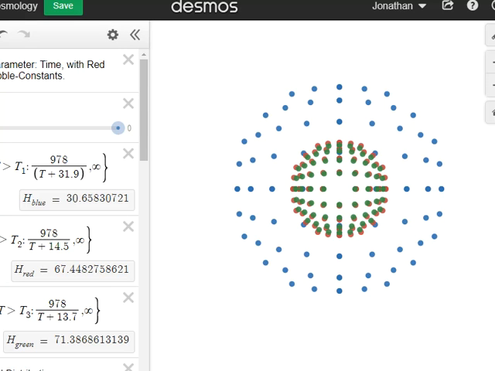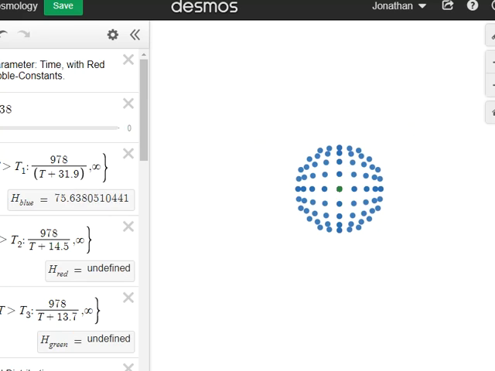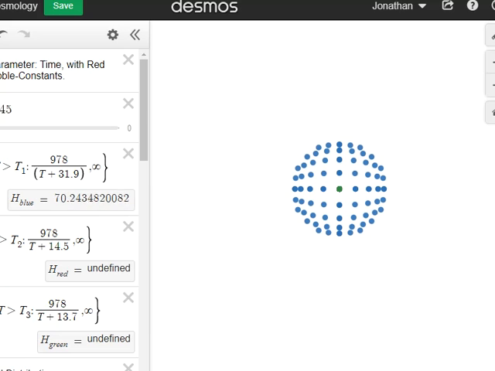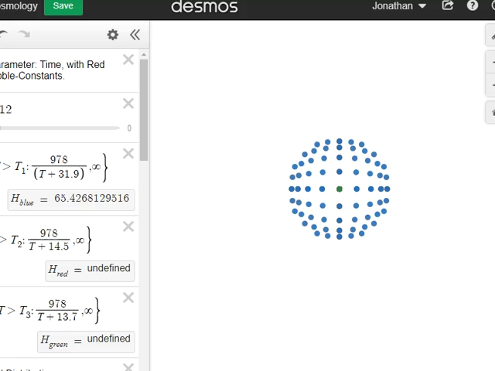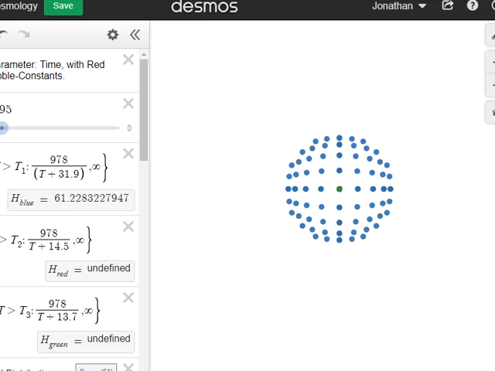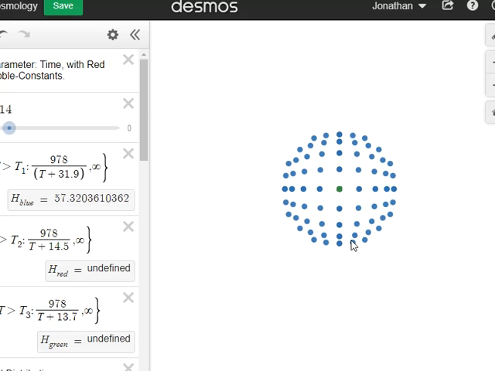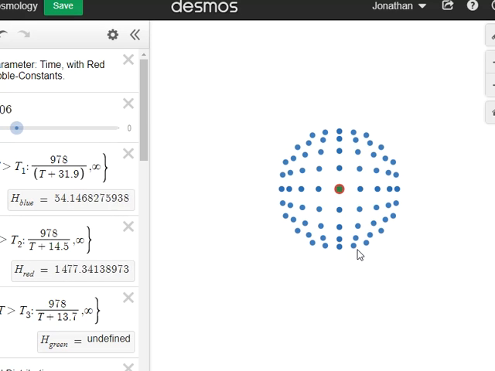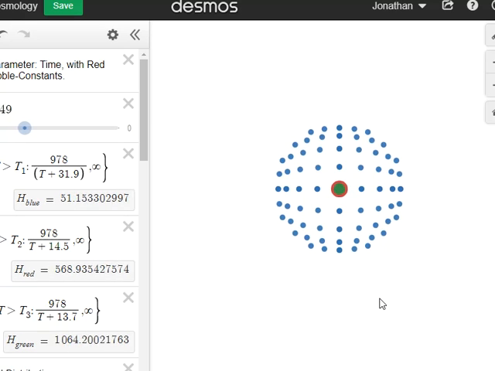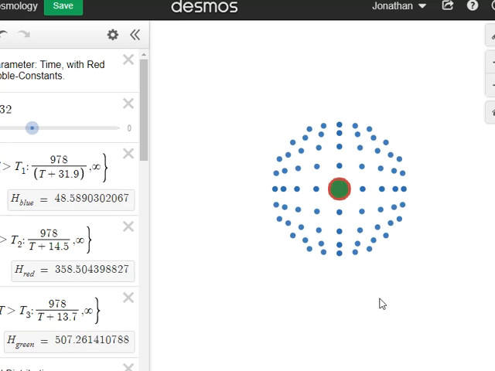So I hope this doesn't screw up the sound on this animation, but I'm going to hit the play button on this, and you'll see what happened. Wait, did it go back far enough? It's supposed to go back further than that. Anyway, okay, we've got this blue Hubble flow, and then the red and the green Hubble flow start behind us.